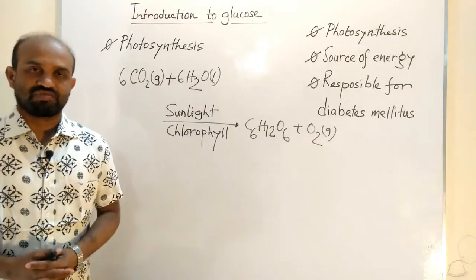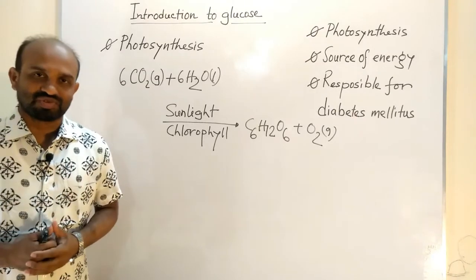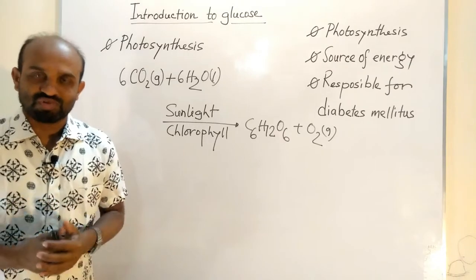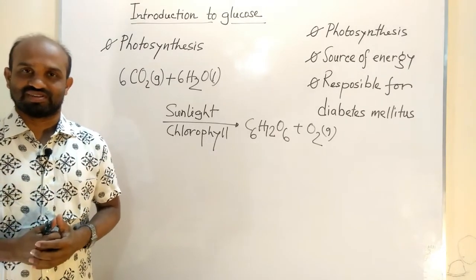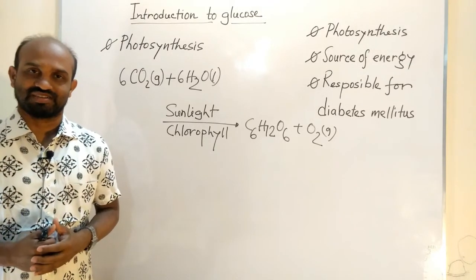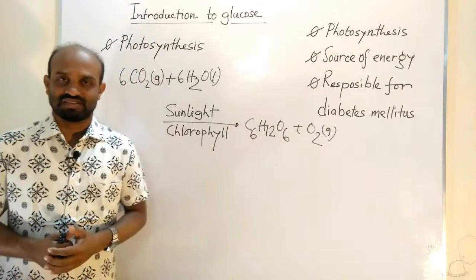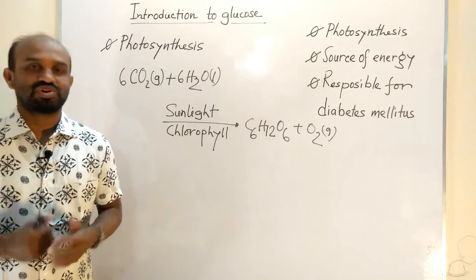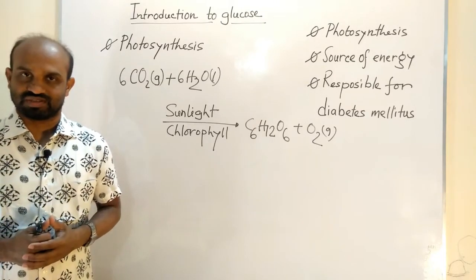Dear students, first of all, we will try to know what is photosynthesis. Photo is a kind of Greek word, meaning light, and synthesis means formation of chemical compound through chemical reactions.